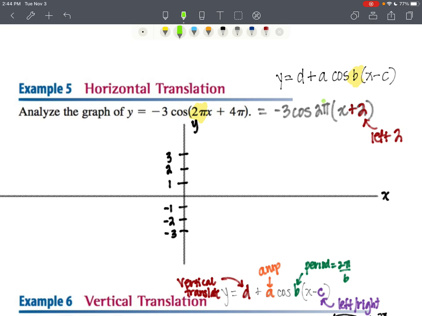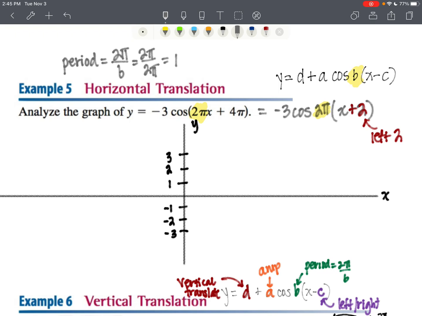This 2 pi, that's your b value, right? And the period is going to be determined by that b value. It's equal to 2 pi divided by the b value. 2 pi divided by itself is 1. Looks a little unusual, but that's the horizontal length of one full cycle.